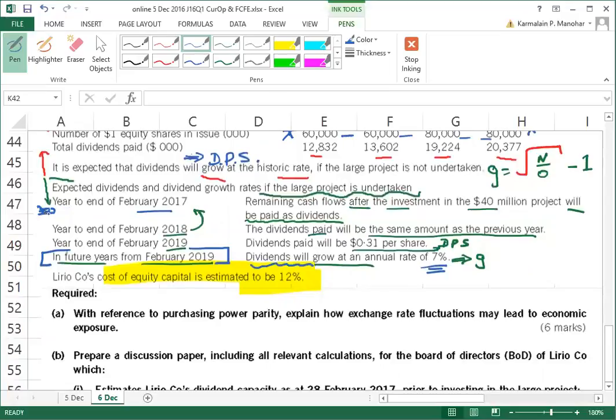We're deferring from where we are now, from 2016 to 2017, then to 2018, and then to 2019, to the end of 2019. So 16 to 17, 17 to 18, 18 to 19. Is everybody okay with that? Yeah. So we have 3 years deferred growth.